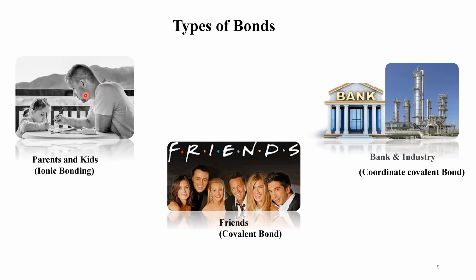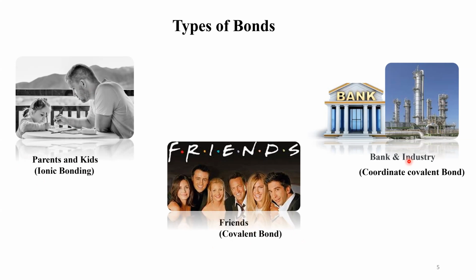So the complete transference is conducted through our parents. So parents and the kids are the example of ionic bond. Then the next is where there is a mutual sharing. So the equal sharing is needed for maintaining and running that relationship for a longer time. So that's friends, and this is a kind of covalent bond.